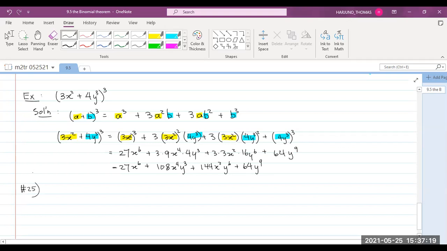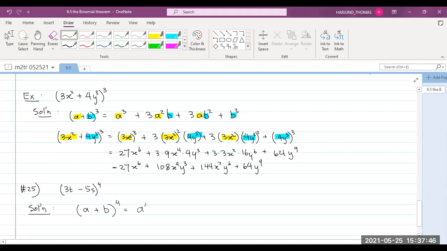Number 25, we have (3t minus 5s) to the 4th. How do I expand that? Let me use the dummy (a plus b) to the power of 4. I think it's 14641, right?